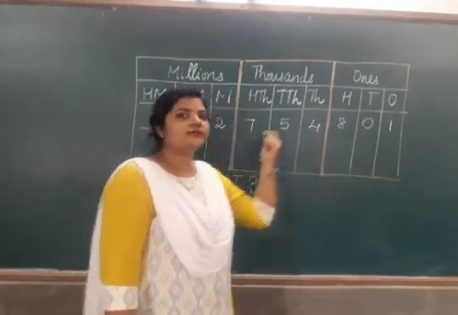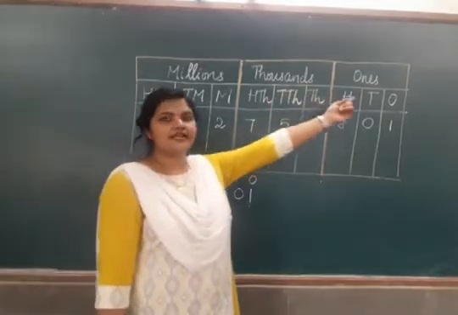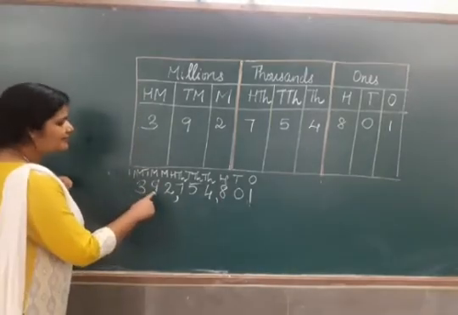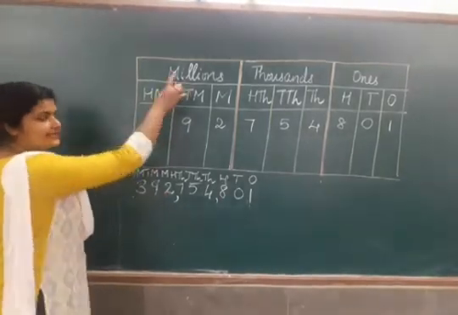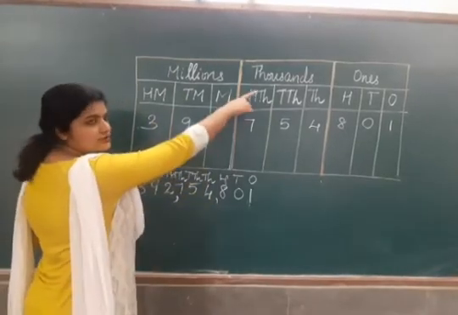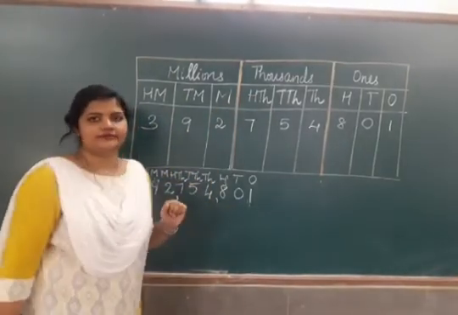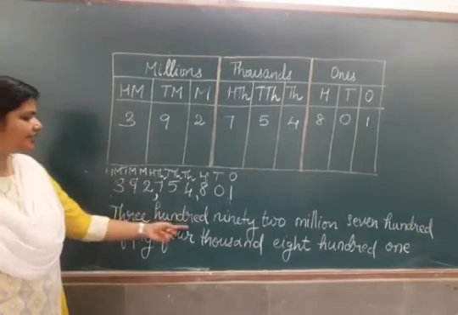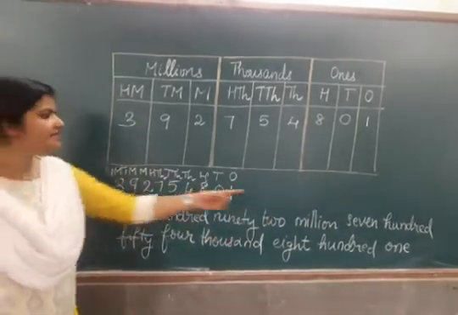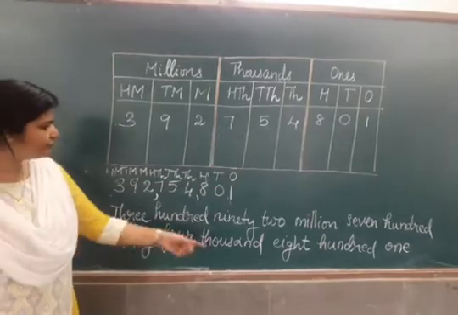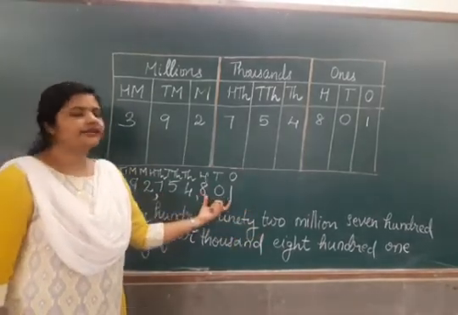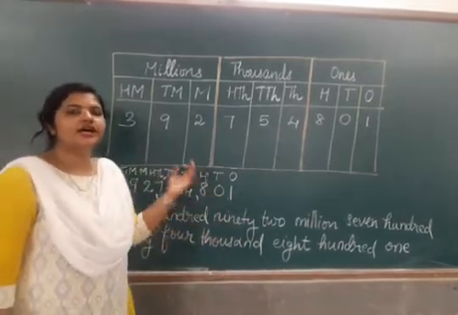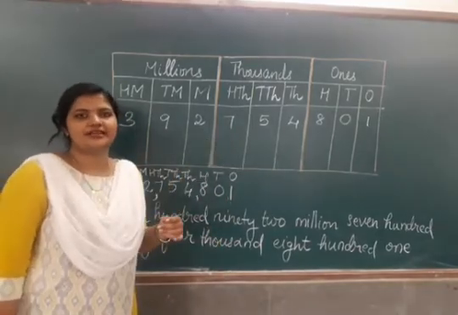Note that while writing a number name, don't use the period name ones. So this number can be read as 392 million 754 thousand 801. This given number can be written as 392,754,801. I hope you understood how to read and write a given number using the International Place Value System.